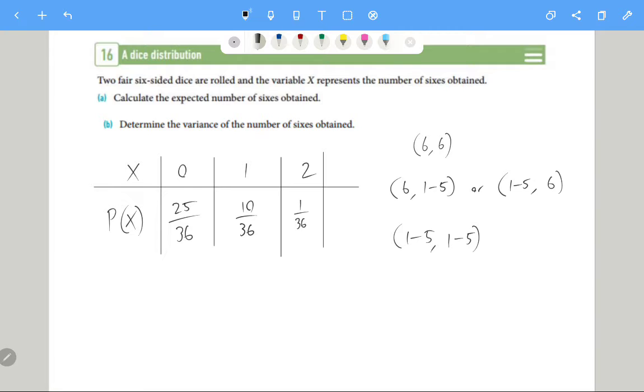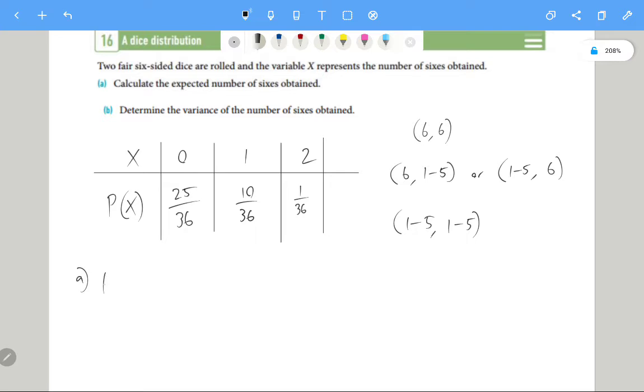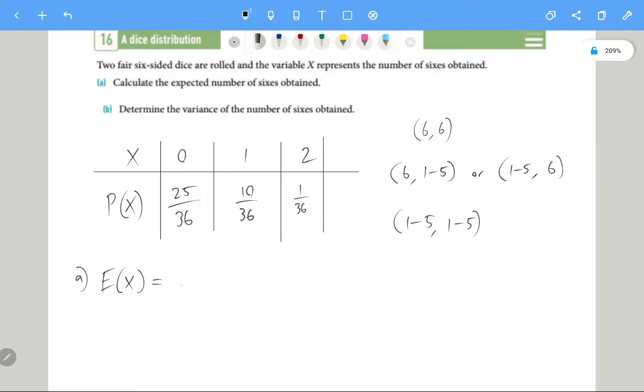Where do I go from here? Well, I need to calculate the expected number of sixes obtained. So we're looking for E(X). Alrighty, now we've been working with uniform distribution tables, but the fact that this one's not a uniform distribution table should remind us we need to remember how to do that as well.